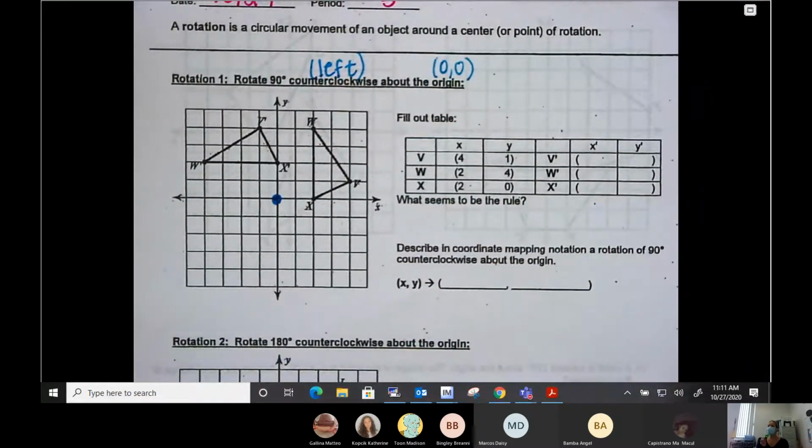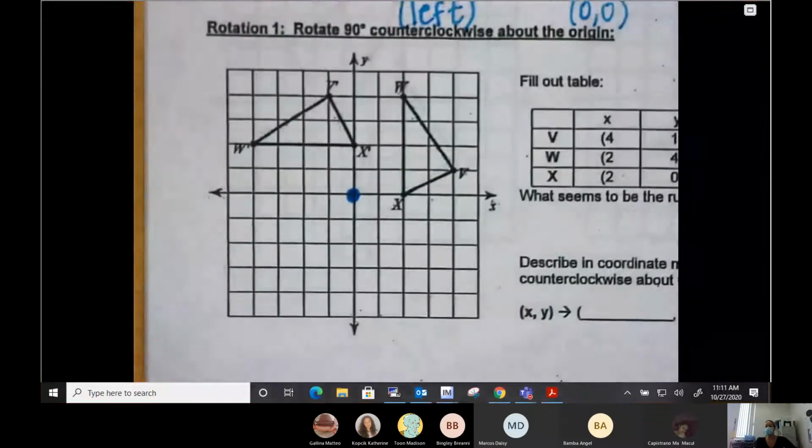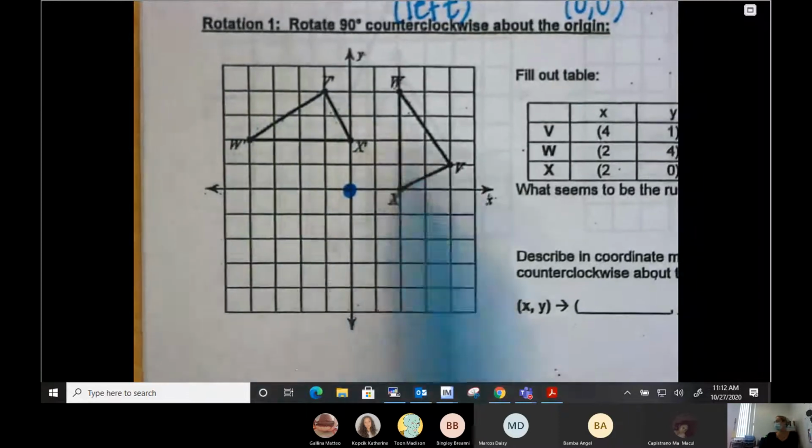Now, I have two pictures there. One is my pre-image that I start with, and one is my image that I end with. How do you know which one of those triangles you should start with? The one on the left or the one on the right? Well, I am turning it left, but why can't I start here and turn it all the way around, right?